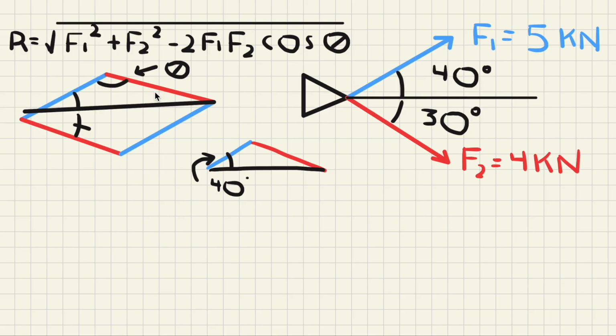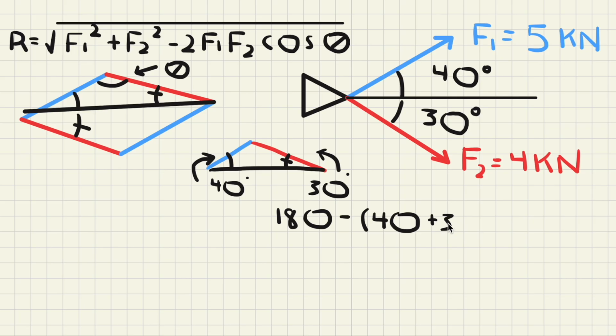We know that these two angles correspond based on what we know about parallelograms, so this is going to be 30 degrees. And as I said, all of the angles add up to 180, so we just subtract the ones that we know from 180 to get the other angle, which is going to be 110 degrees.